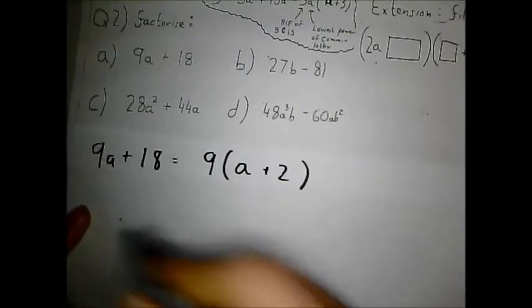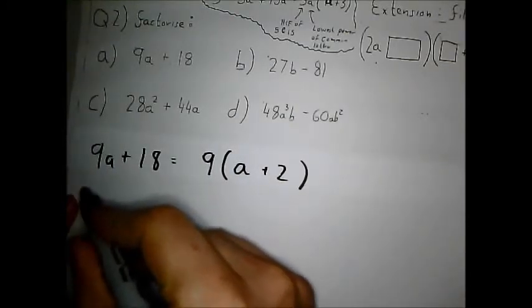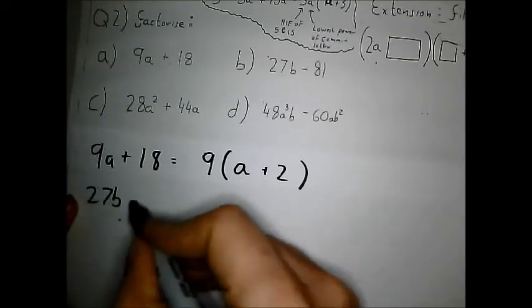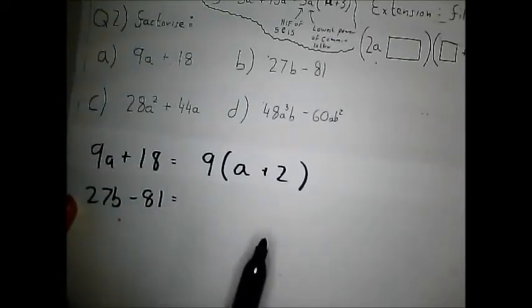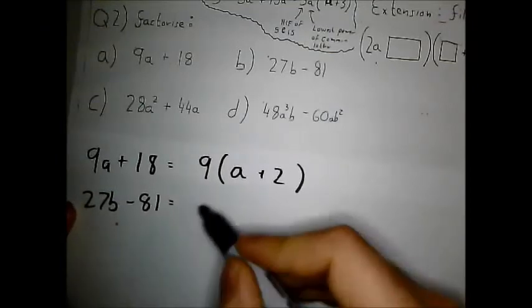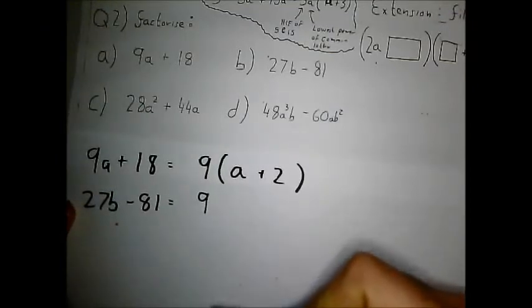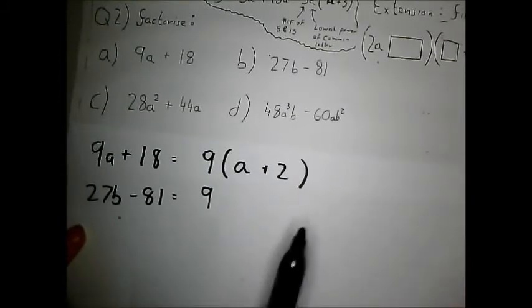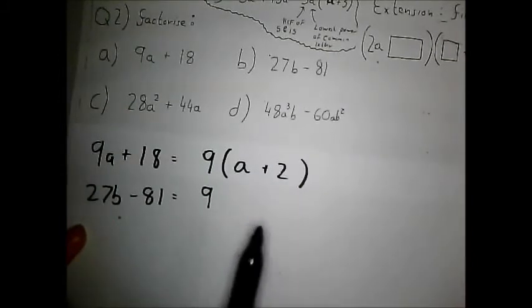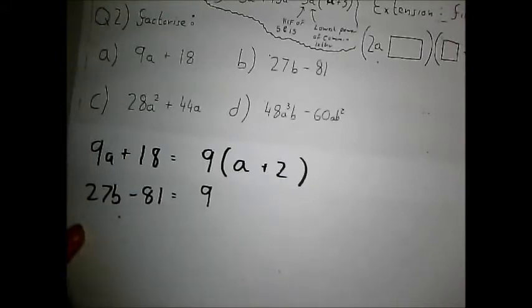Question 2. 27b minus 81. Okay, so once again, you should spot that 9 goes into both these numbers. A quick way you can spot factors, especially the more difficult ones to notice, such as 9 and 3: if you add up the digits, if those numbers are divisible by 3 or 9, then it's also divisible by 3 or 9.